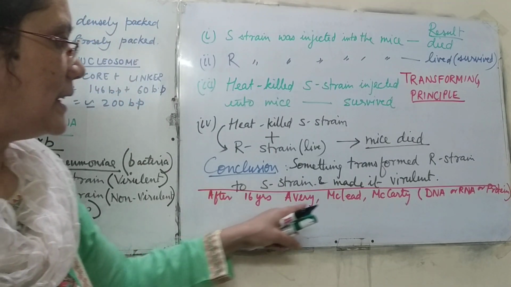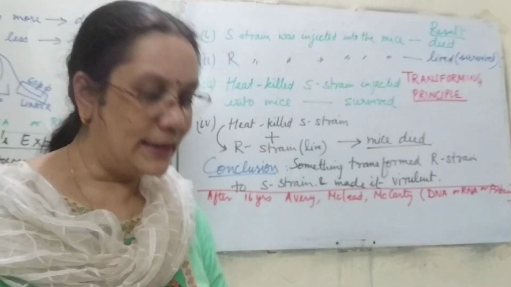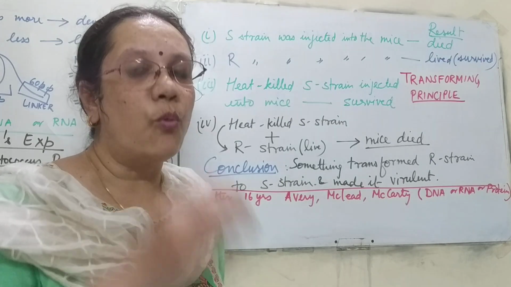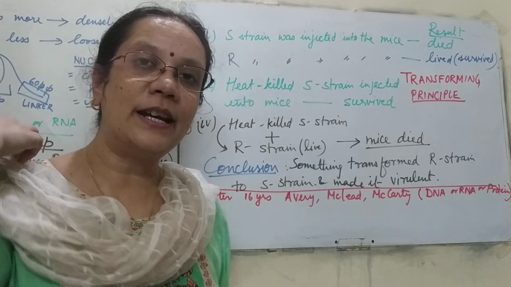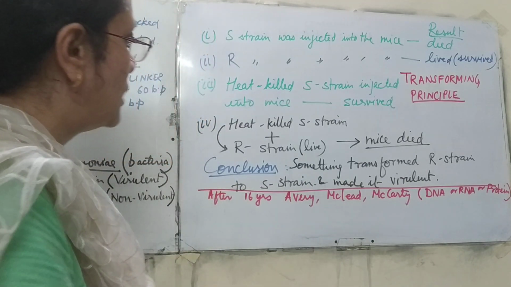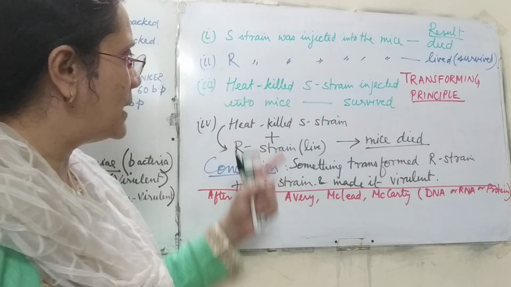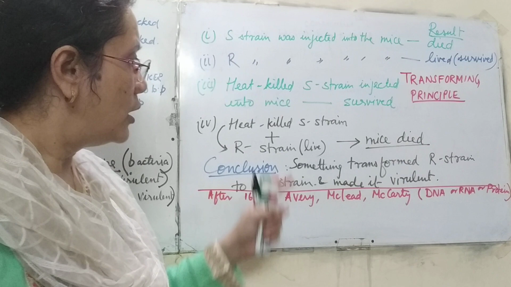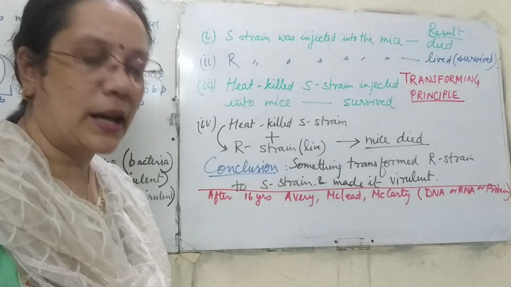So after 16 years, these scientists started finding out whether DNA, RNA or the protein was the genetic material actually passing from the heat killed to the R strain.